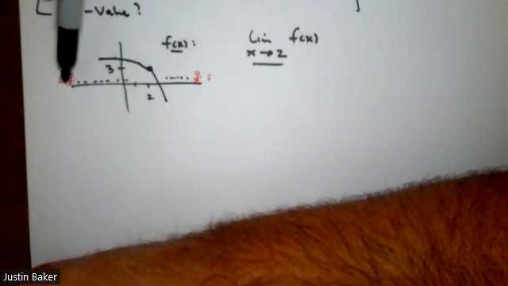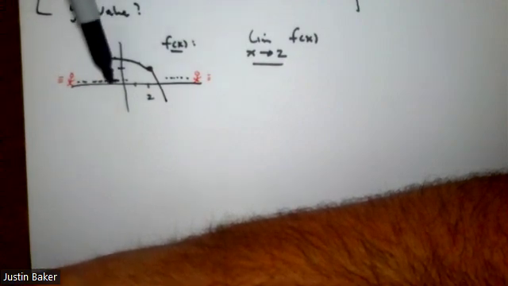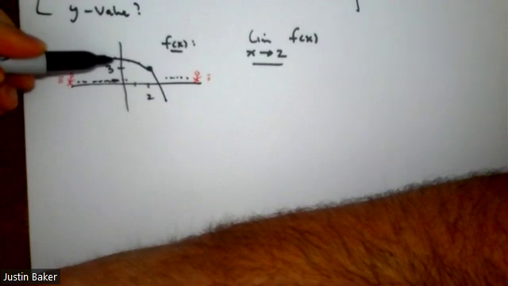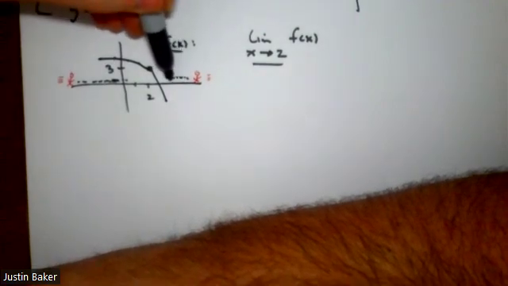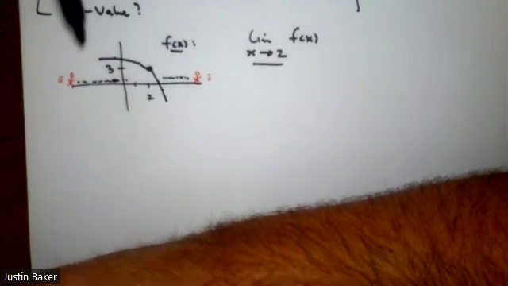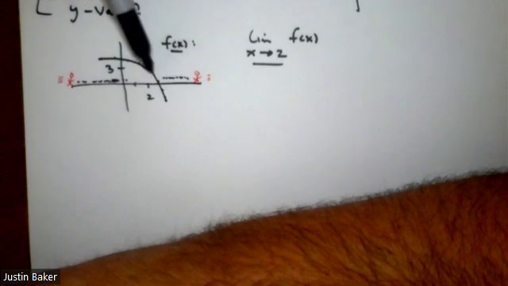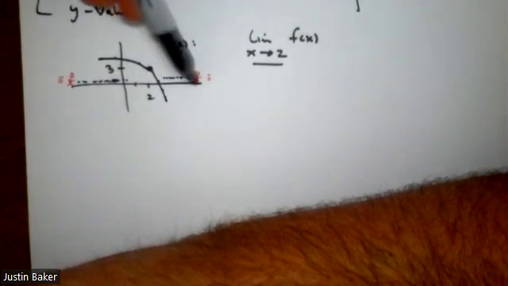If the guy from the left is running, and let's just pause him right around here, his corresponding y value is up here somewhere. As the guy runs from the right and gets closer to 2, his corresponding y values are approaching, and they're always tied into the function. We always want to think of these two guys as never leaving the x-axis.